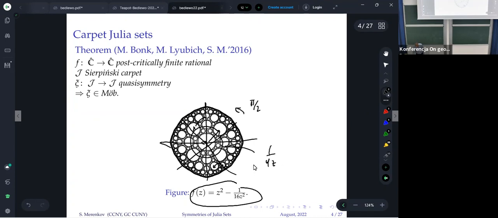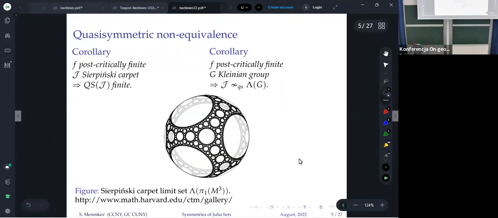So z goes to 1/4z, a Möbius transformation that keeps this Julia set invariant. So there are some symmetries, but not many, finitely many only. Okay, so that is the first result I wanted to mention.